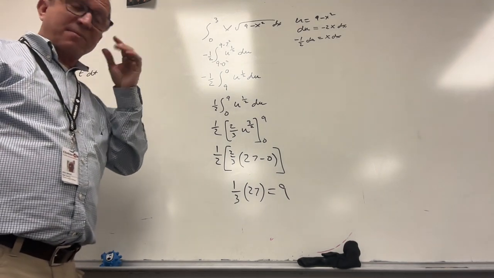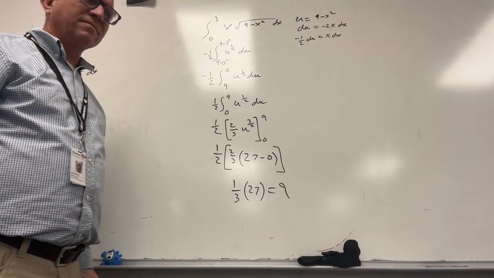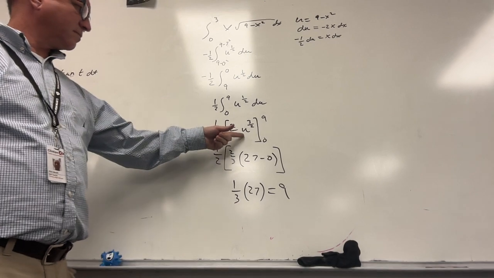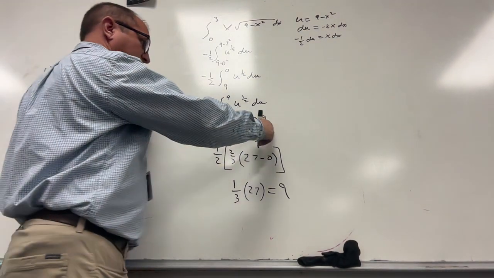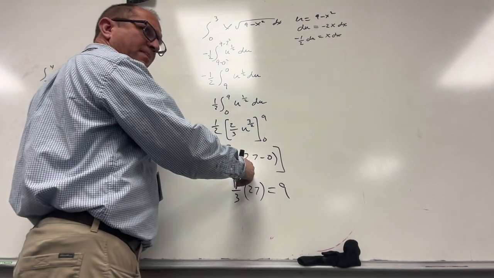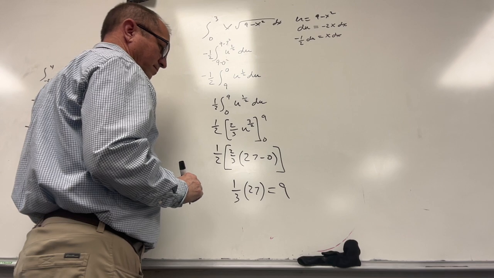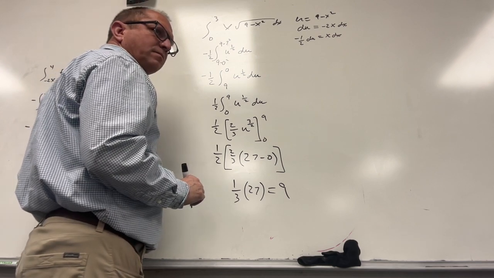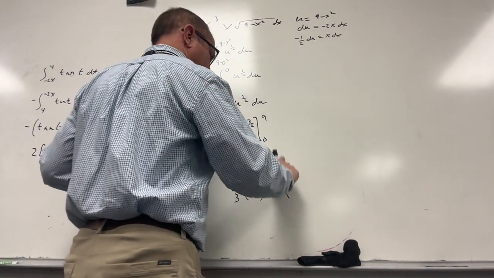Any other question? What's happening here? After you found the antiderivative for u to the 1/2, when it says 9 and 0, does it matter? What are those numbers called? Limits of integration.